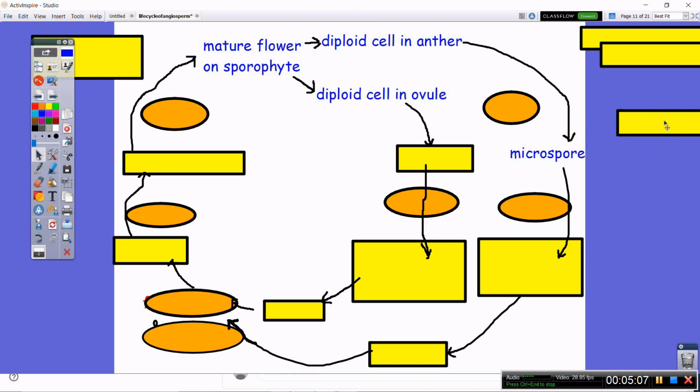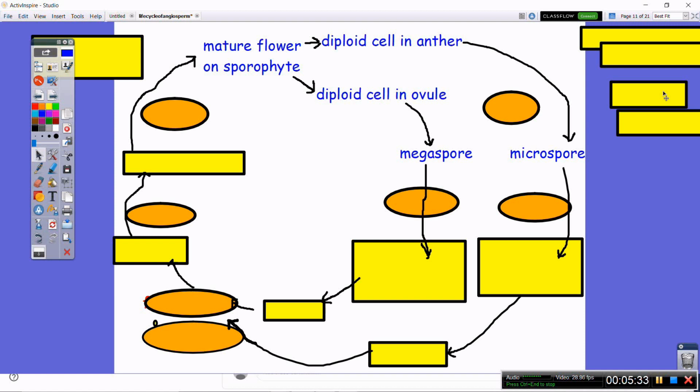All right. So remember that sporophytes make spores, and angiosperms are also heterosporous. So they do make microspores and megaspores just like your gymnosperms did. So the diploid cell in the anther is going to make the microspore, and the diploid cell in the ovule is going to make your megaspore.